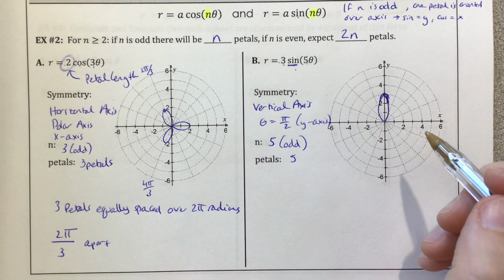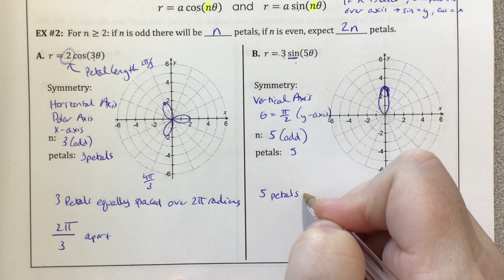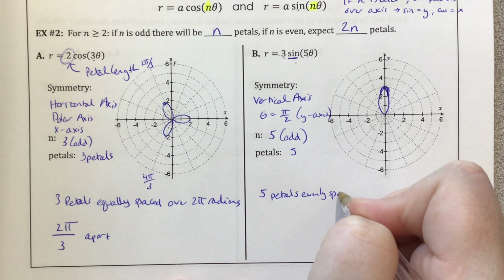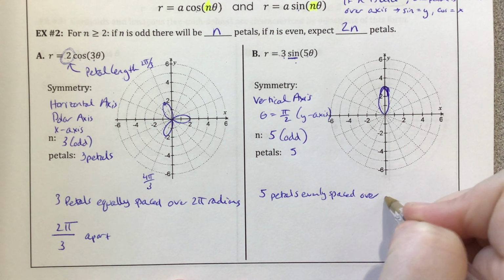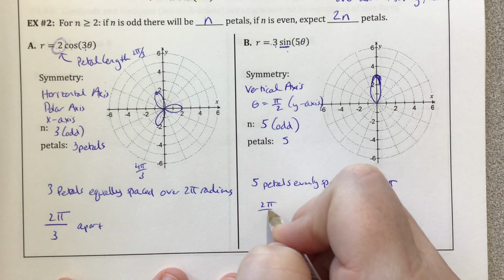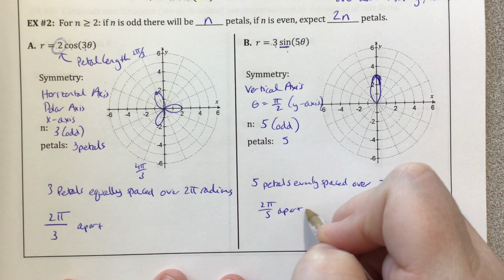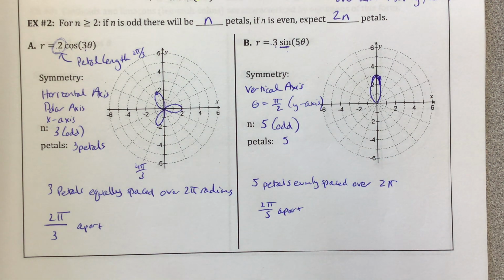Now, how far should I go to get to the next petal? There are 5 petals evenly spaced over 2 pi radians. So they will all be 2 pi divided by 5 radians apart. Now here's where this gets to be a little bit of a pain in the neck.